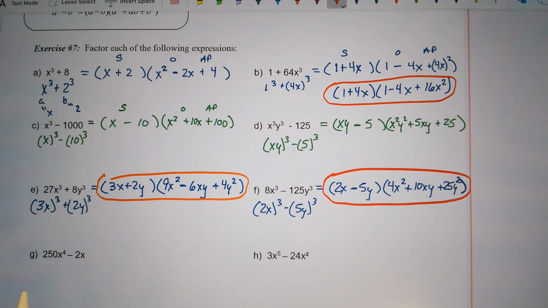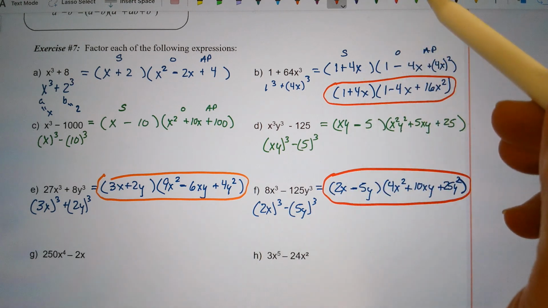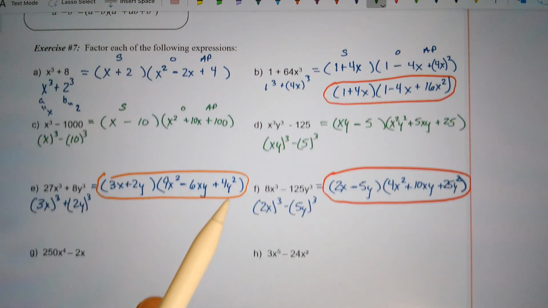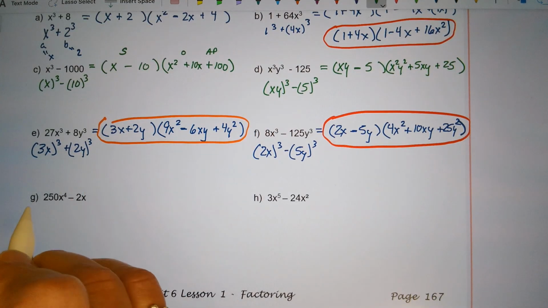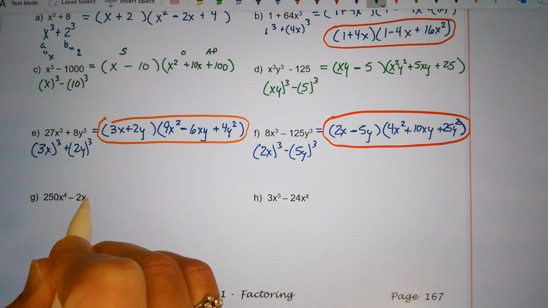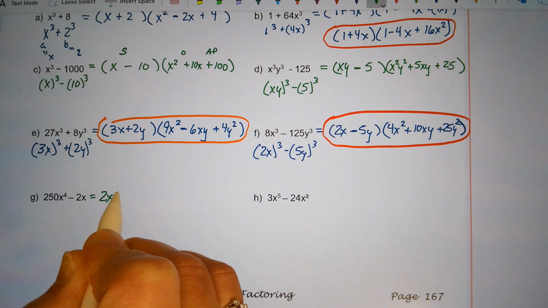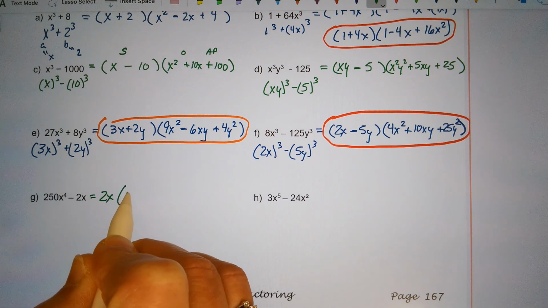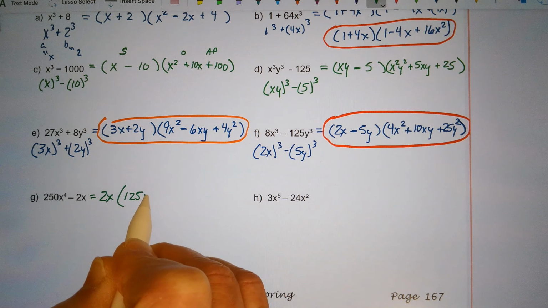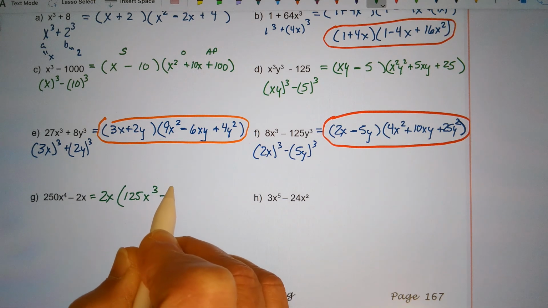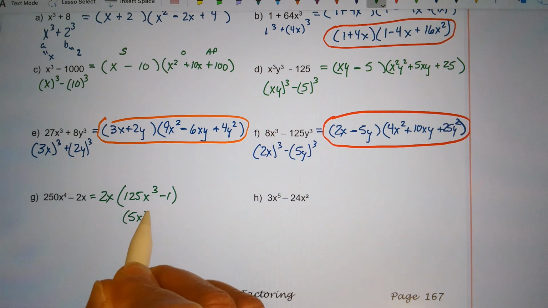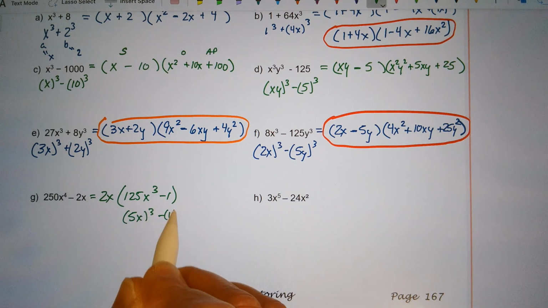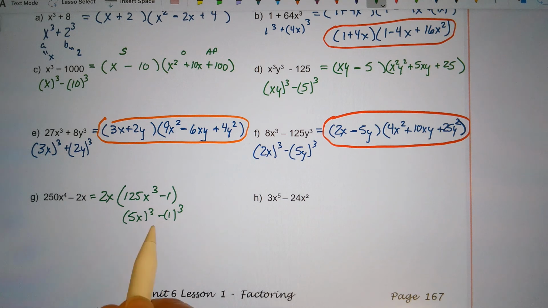Oh, 250 and 2 and the x's. There's a GCF here. That needs to come out. Right, GCF of 2x. So this is 2x times 125x cubed minus 1, which is 5x cubed minus 1 cubed. So this is a difference of perfect cubes.